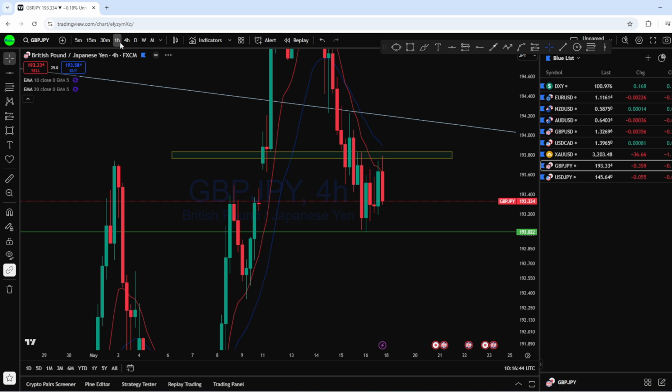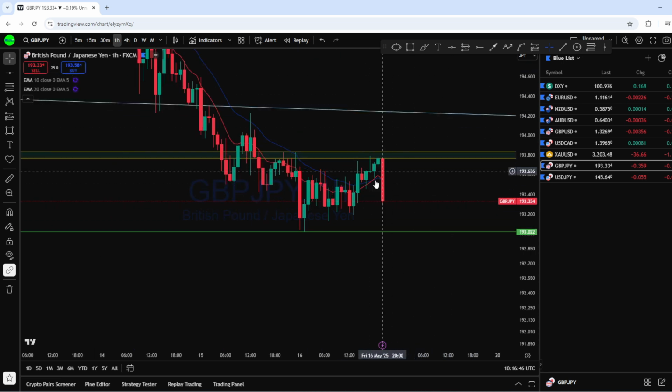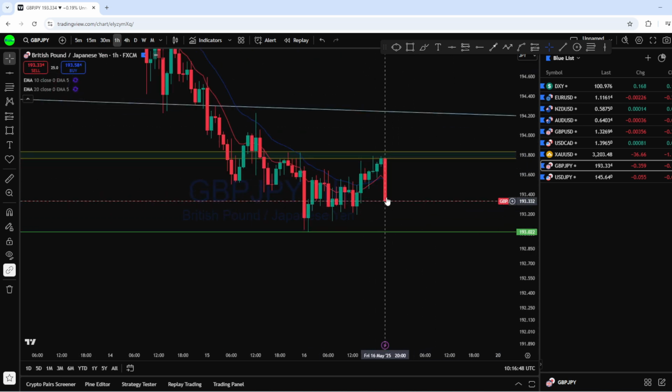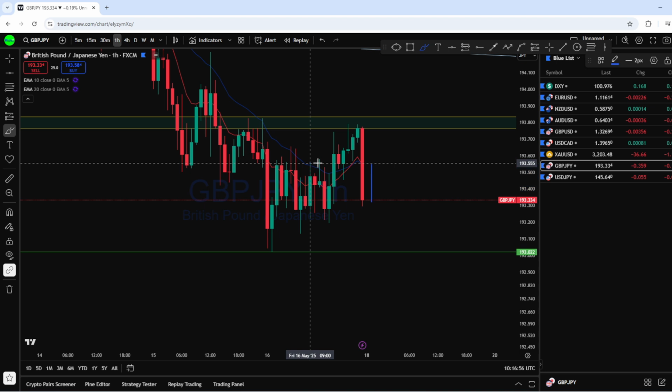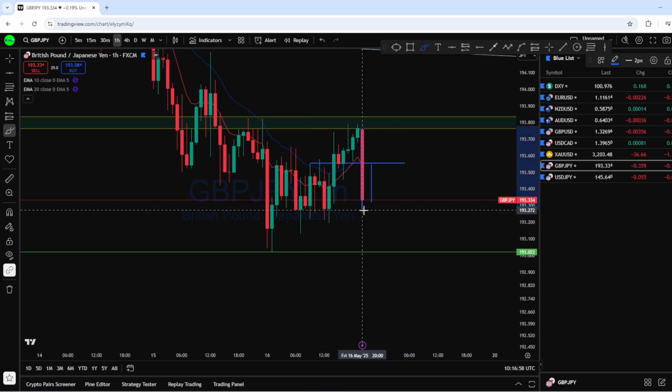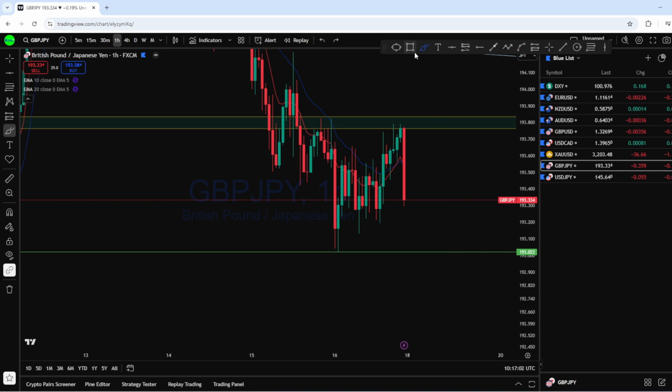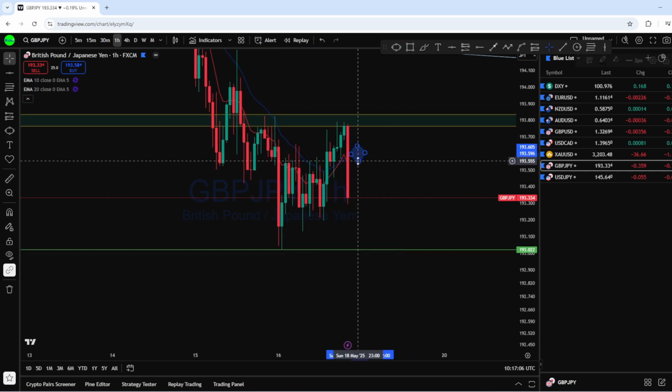If we look at the 1 hour chart, this is a big drop, 1 hour price action, a complete break in the last session of the trading week, and we might see an immediate pullback with the market open, as this is a big bearish candle. We could see that pullback, and that could give a selling opportunity in this market around this zone, as there is a big drop.